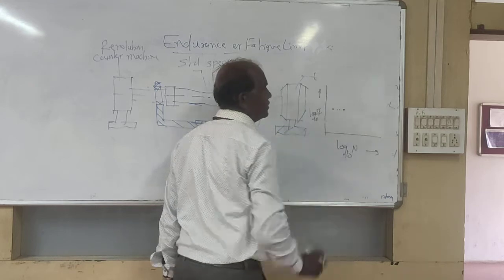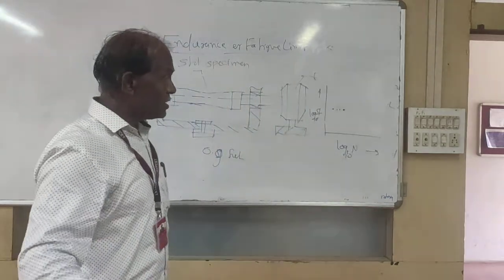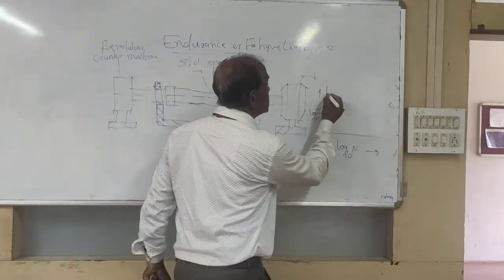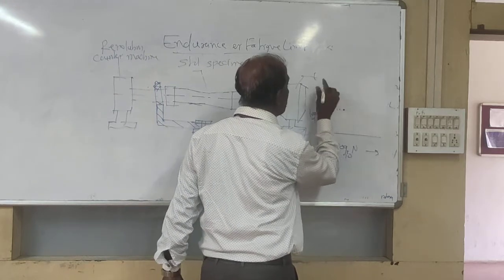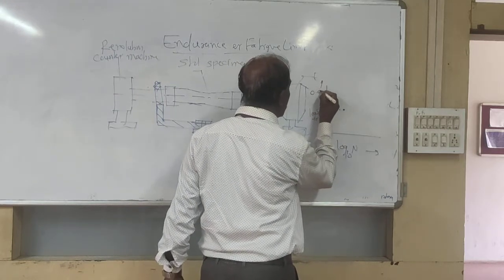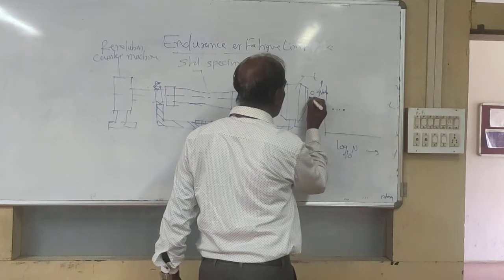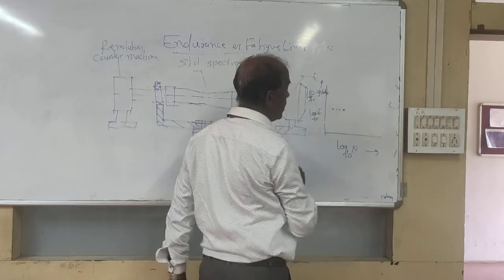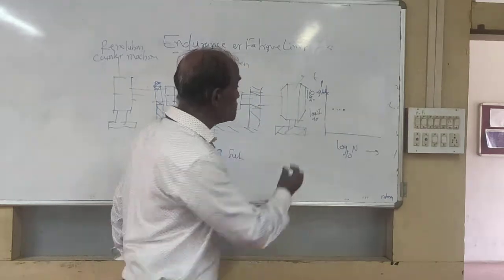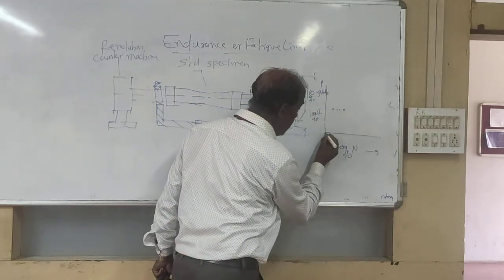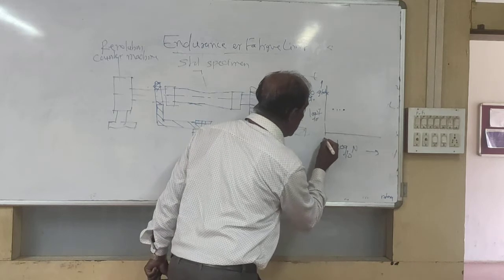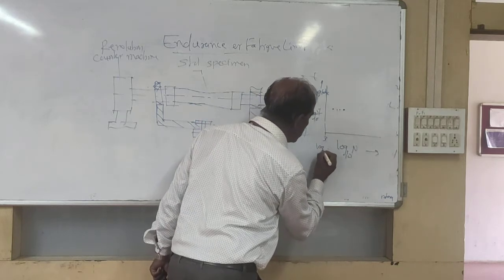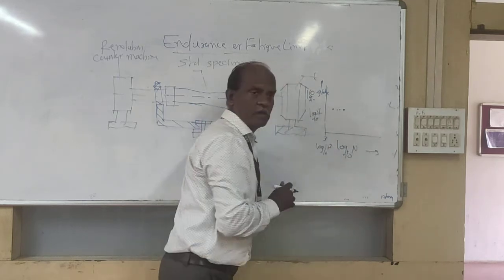Let me discuss the first step. This value is 0.9 of S-UT, log to the base 10 of 0.9 S-UT. This is a failure point, and it is assumed that the corresponding number of stress cycles will be 10 raised to 3.